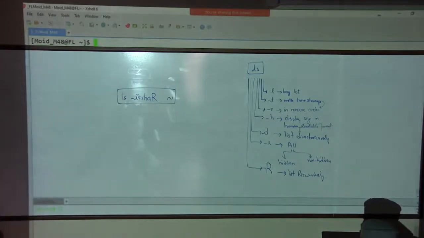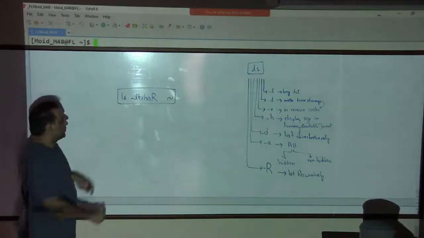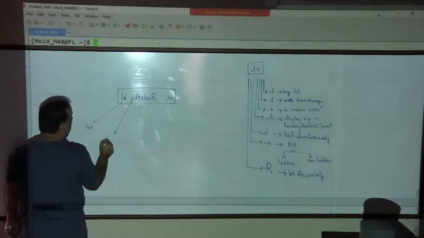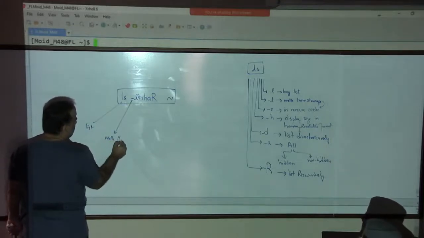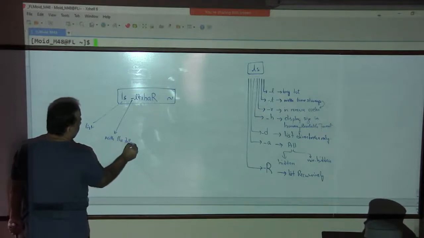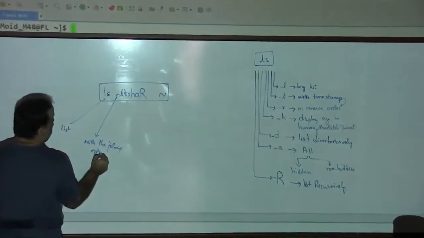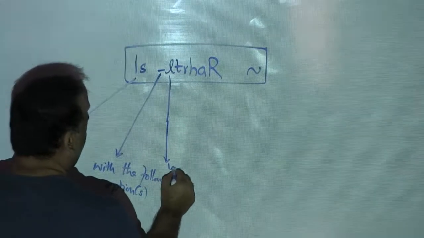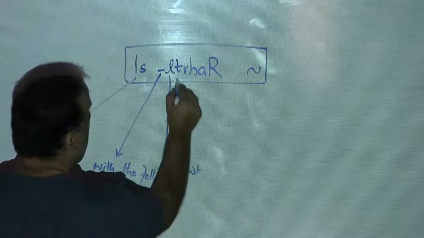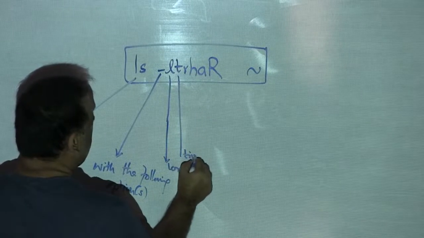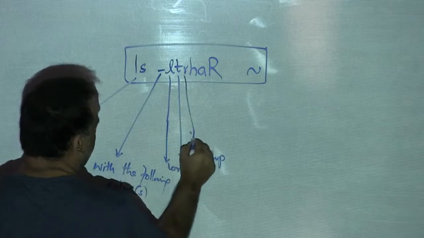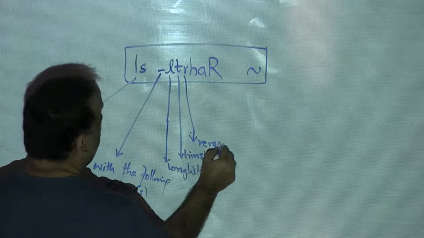list me with the following options, right? List with the following options. If there are many, then you have multiple options. Long list. Timestamp. Reverse order.